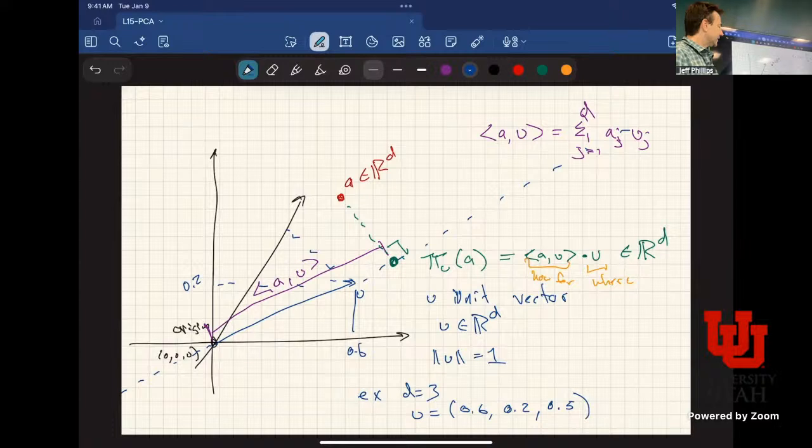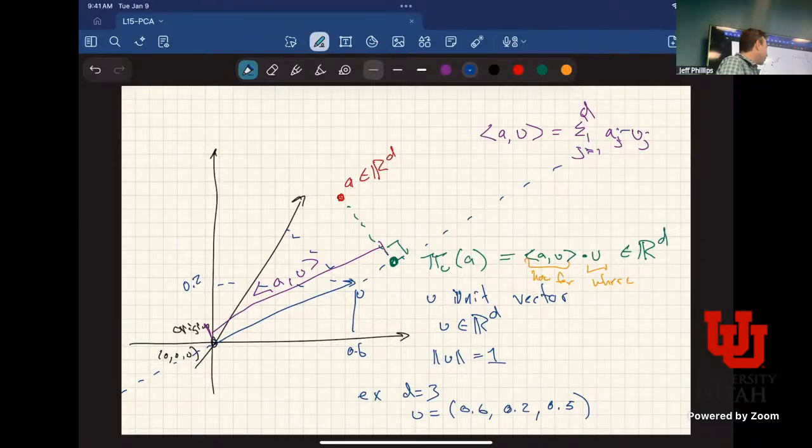Is this a unit vector? Probably not exactly, but if I square all the terms, 0.5 squared is about 1/3, maybe. So this is probably a little less than 1.